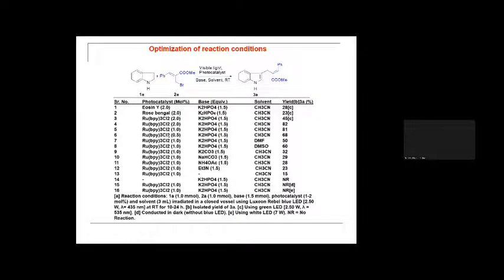Next, we moved to ruthenium bipyridyl complex and potassium hydrogen phosphate base, and a good yield of the product was obtained. Next we optimized the amount of the photocatalyst, and 1 mole % of photocatalyst was optimum for the present conversion.